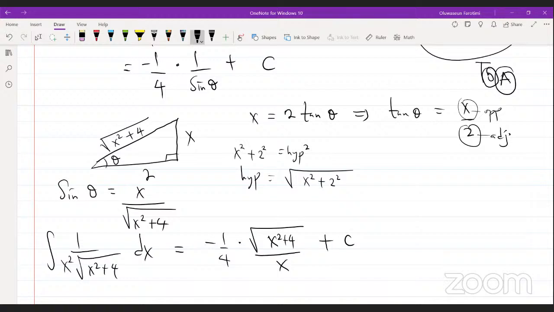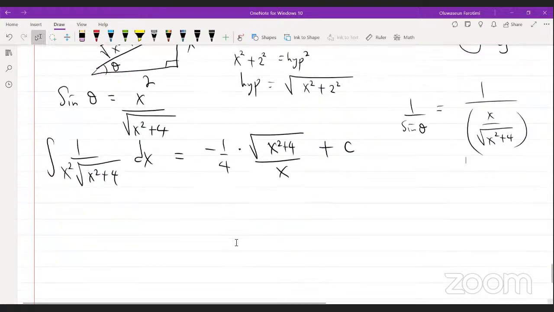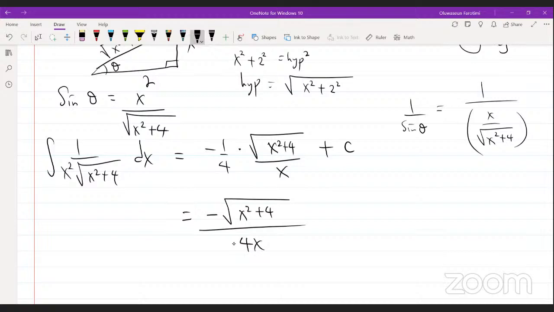Okay, so why is that possible? You have 1 over sine of theta. This is just 1 divided by x over this expression. Then you just do a change flip, right? And this is just going to be negative square root of x squared plus 4. 4 times x, what do you get, guys? You get a 4x.